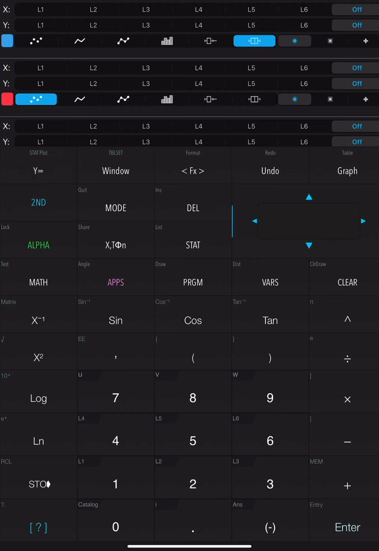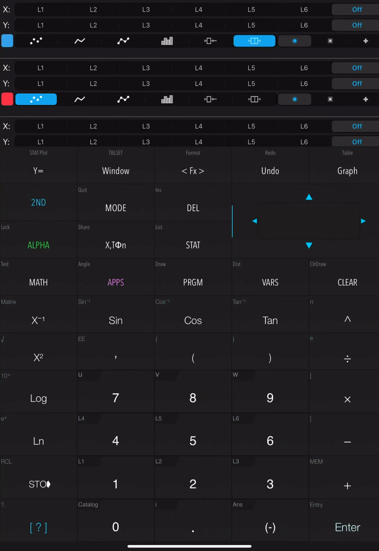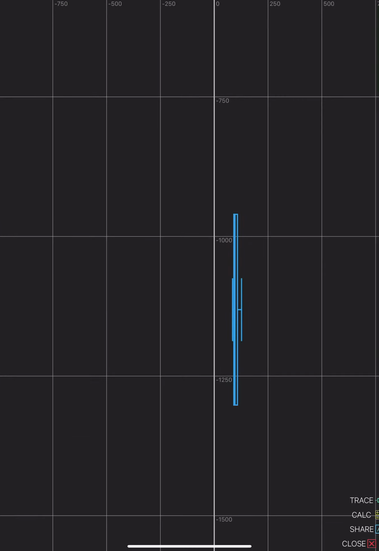I think it has to do with this on and off button. L1, graph. Oh, right there. You see this box plot right there, a really tiny bit.